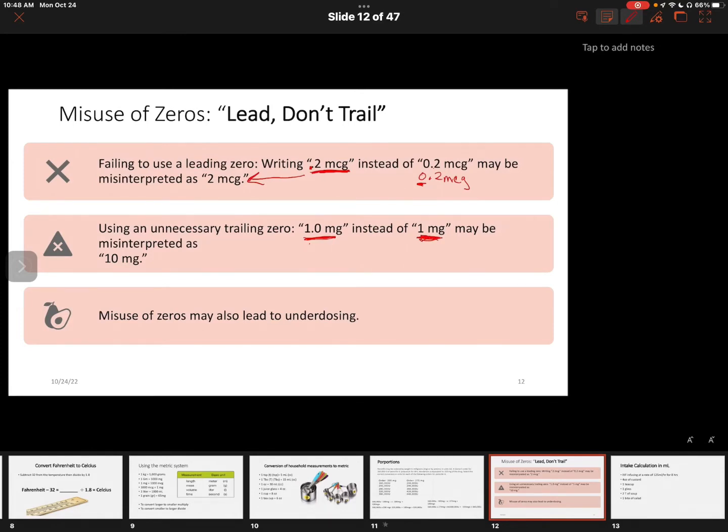If we wrote it 1.0 milligrams, it may be misunderstood as 10 milligrams because sometimes that decimal point looks like a speck on paper. It can even be misinterpreted in the EHR, written the same way. So we don't want to lead with any zeros and we don't want to trail with any zeros.